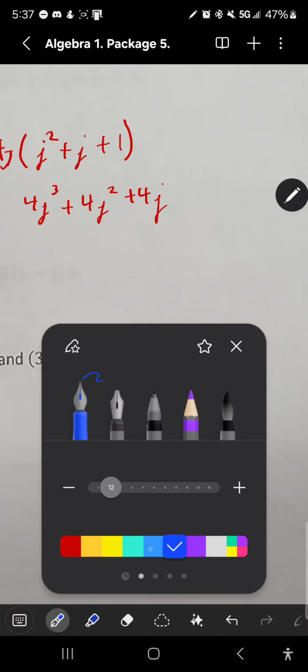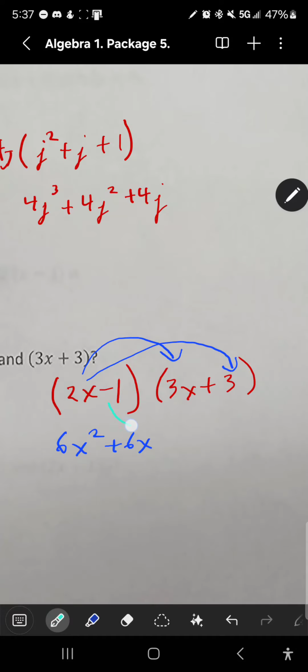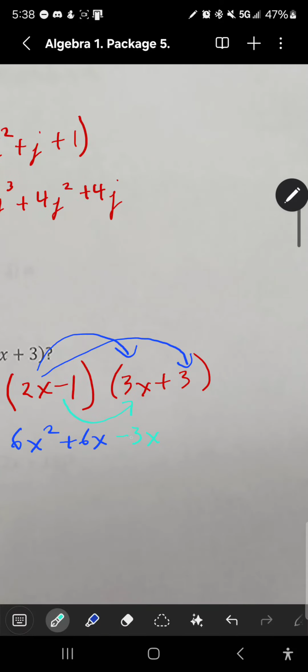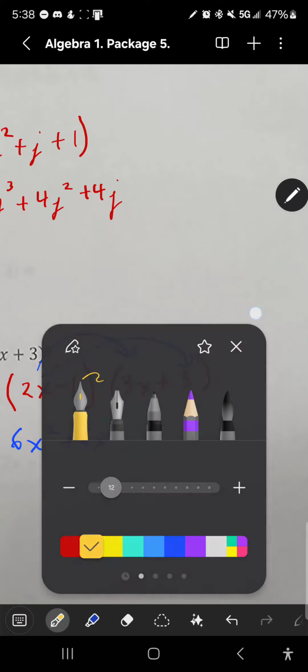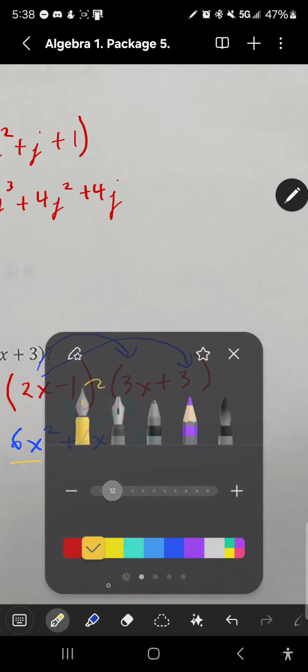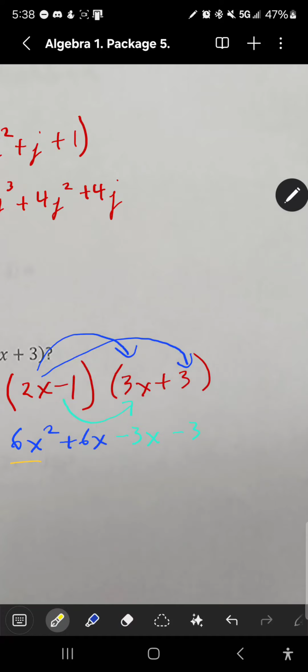Now let's look at this one. So we have negative 1 times 3x is negative 3x, and then negative 1 times 3 is going to be negative 3, and we don't have variables there. Now as you can see here, we have x squared over here. We cannot do anything with that.